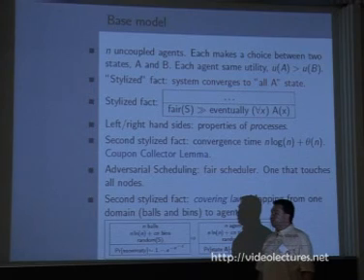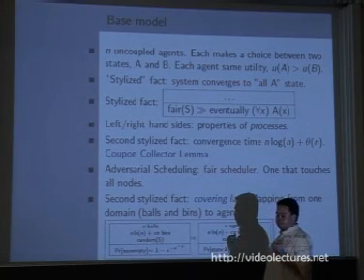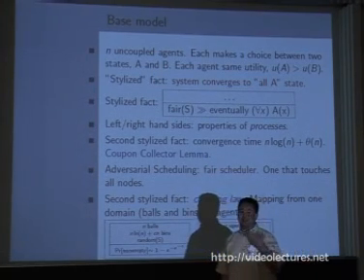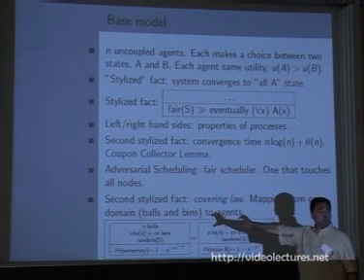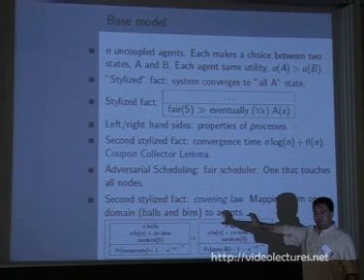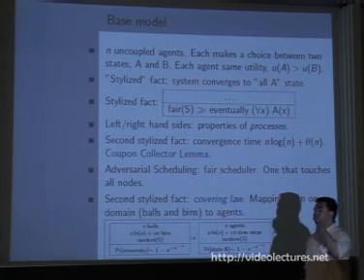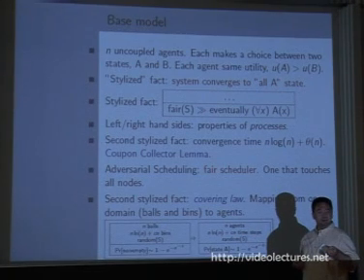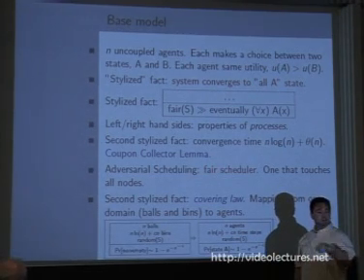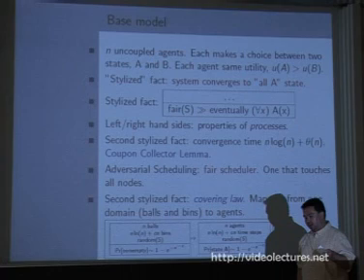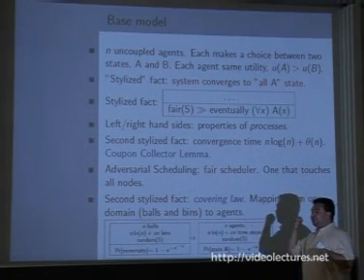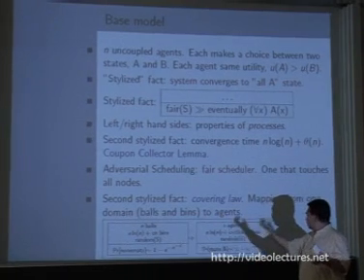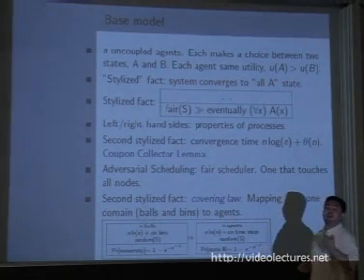Second type of result. If we look carefully at that result about the convergence time, what's happening there is the following. We're taking one domain, which is the domain of bins and balls, the framework in which we're stating the result on the coupon collector, and we're projecting that model onto a model where we have agents and time steps.